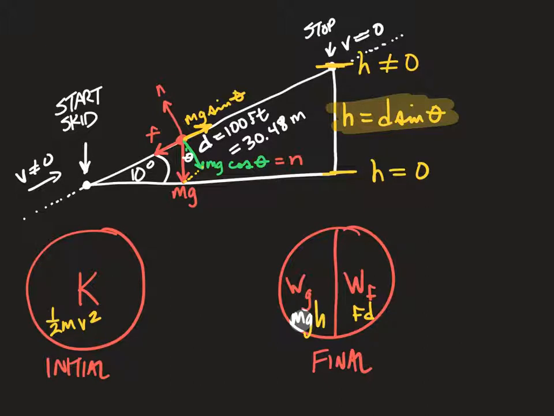So you should start with something like 1/2 mv squared. It's going to be the sum of these two things. That's how it all starts.